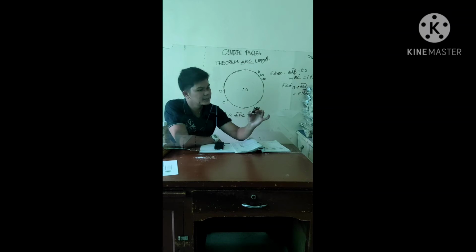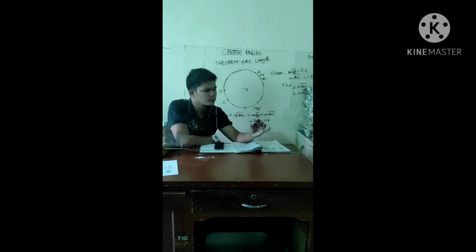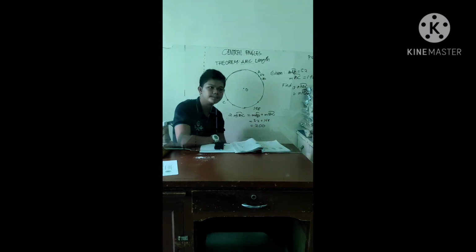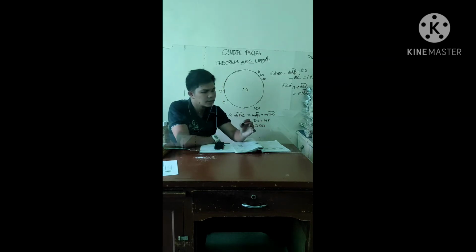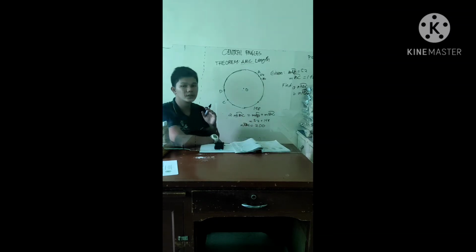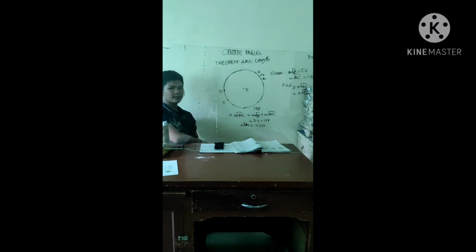Measure of your arc ABC meaning that is measure of your arc AB plus measure of your arc BC. So what, 52 plus 148, that is equal to 200. Okay? So measure of your arc ABC, that is equal to 200.